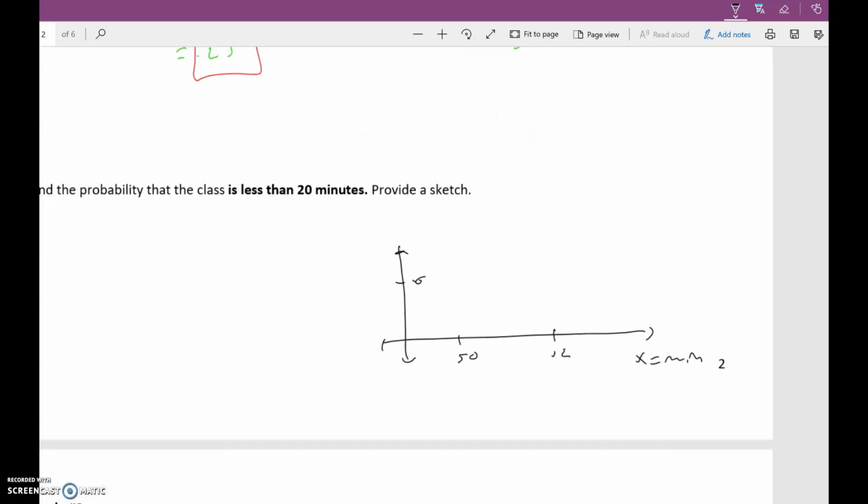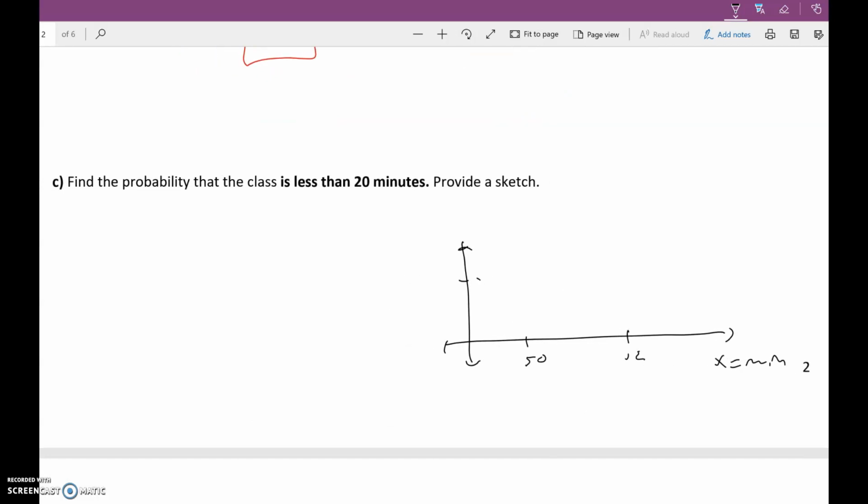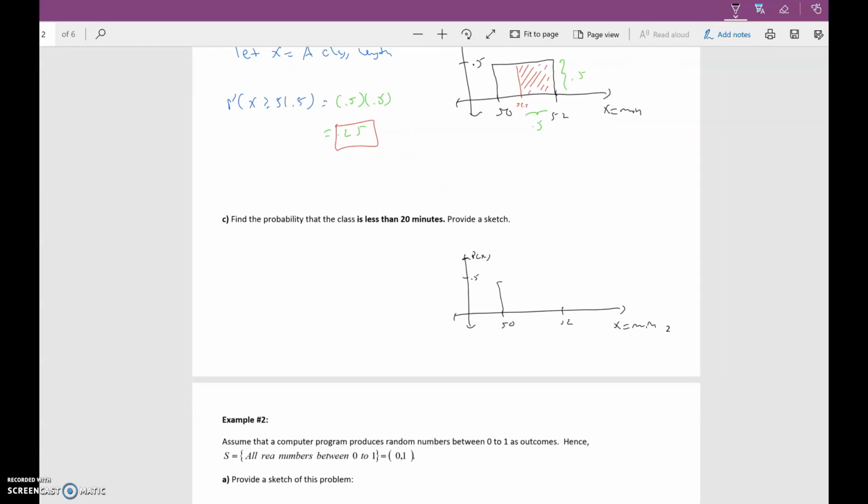This is 0.5, and this is our P of x. Now, here's the problem: they're asking for the probability that x is less than or equal to 20. Same idea as before, your random variable is continuous, so less than is going to be the same as less than or equal. The only problem is that 20 is out here.